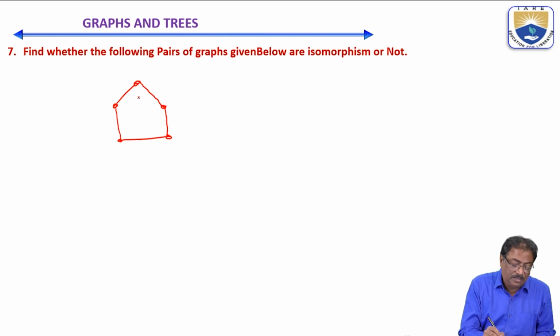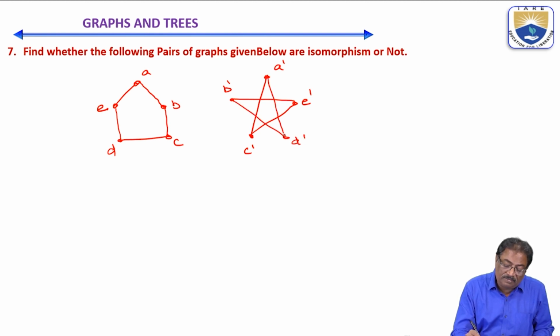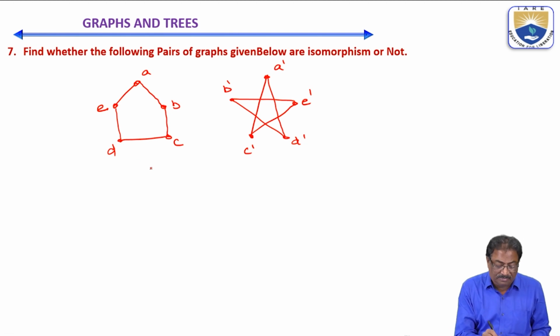We have vertices A, B, C, D, E, and the other one is A dash, C dash, E dash, B dash, D dash. This is graph G and graph H.